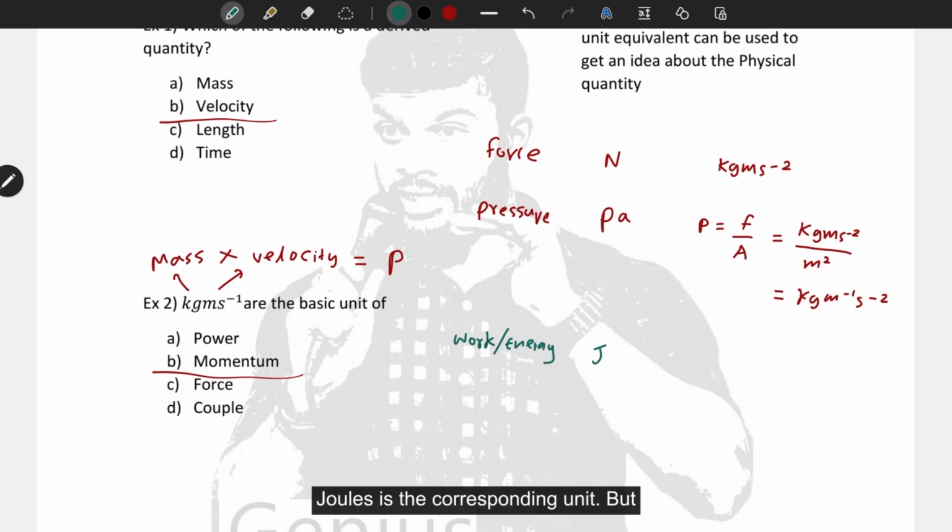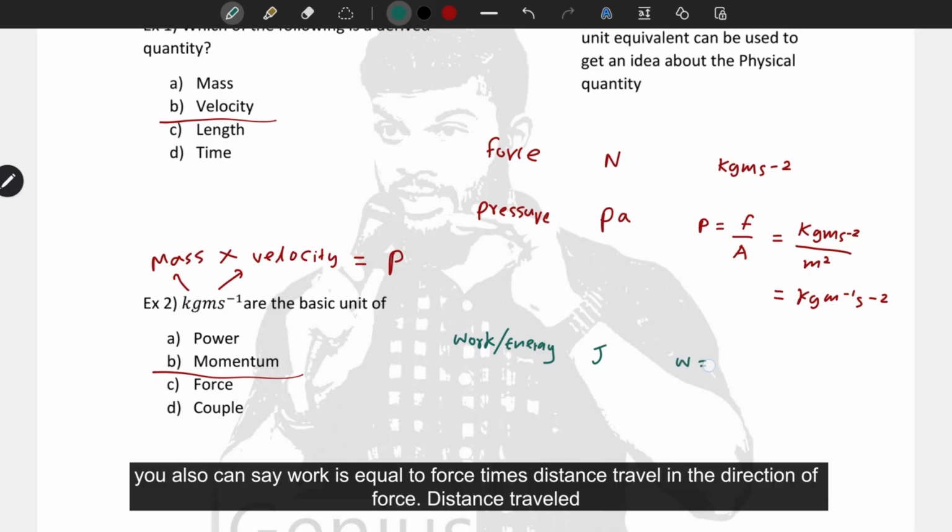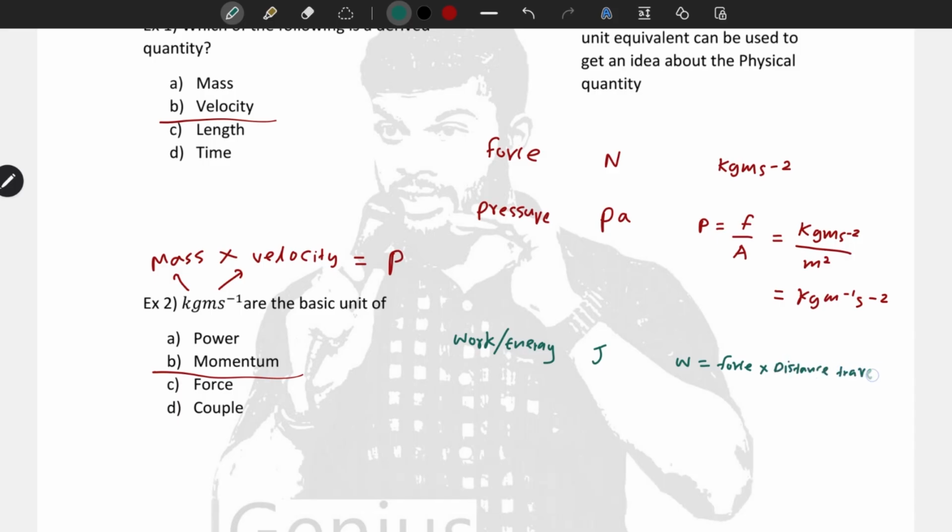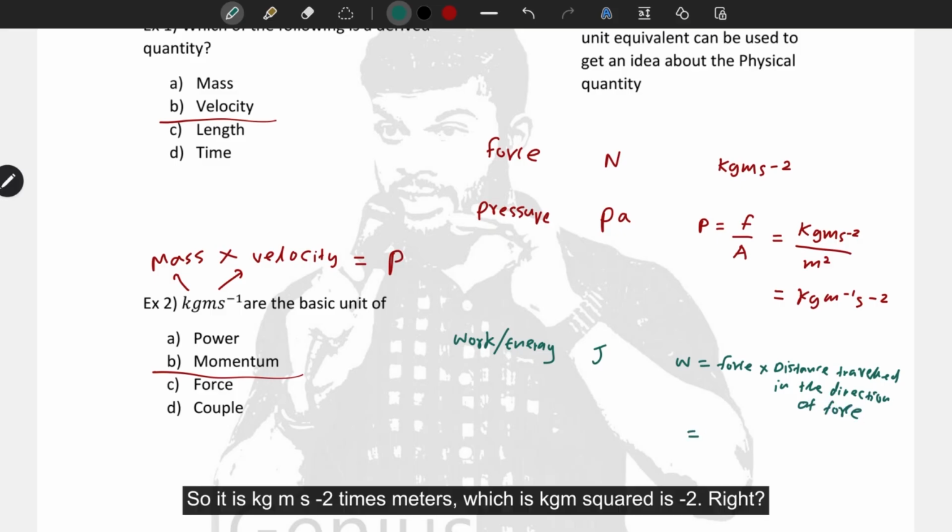Joules is the corresponding unit, but you also can say work is equal to force times distance traveled in the direction of force. So it is kg m s minus 2 times meters, which is kg m squared s minus 2.